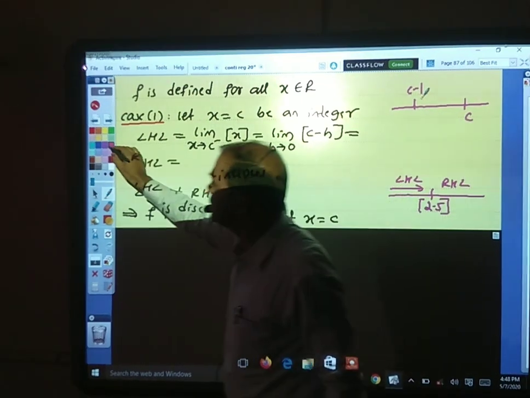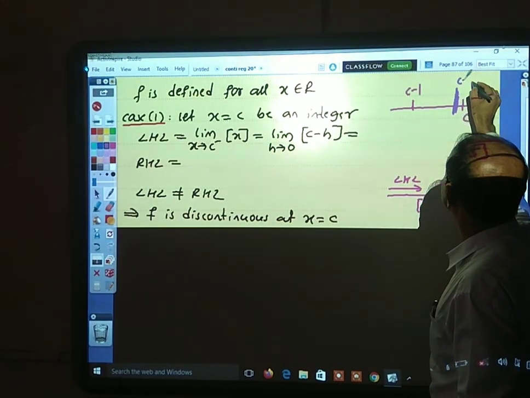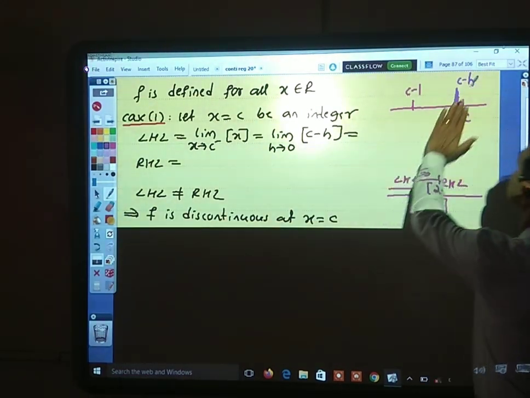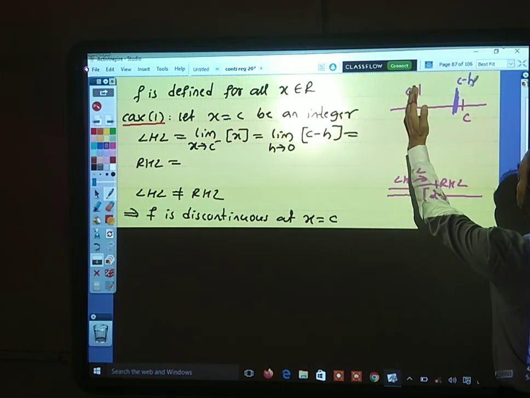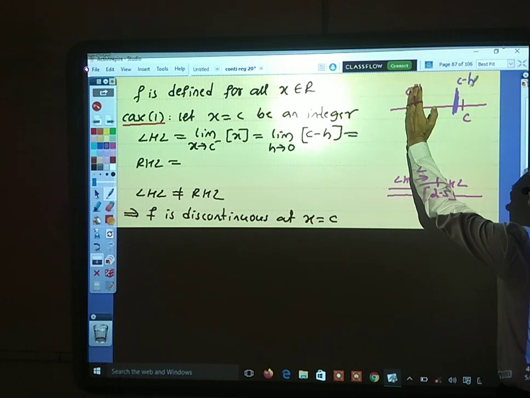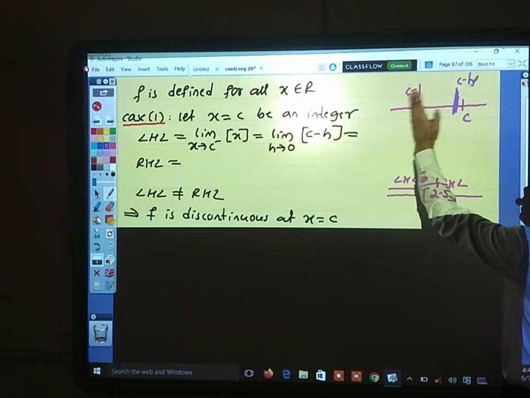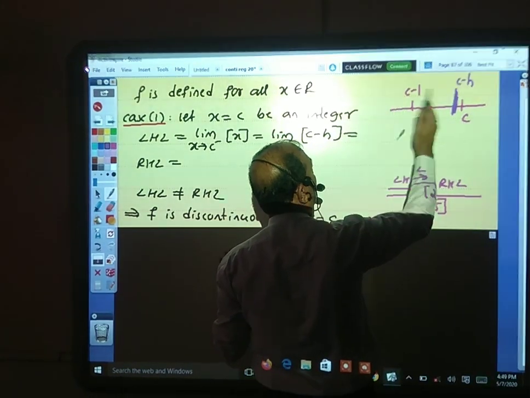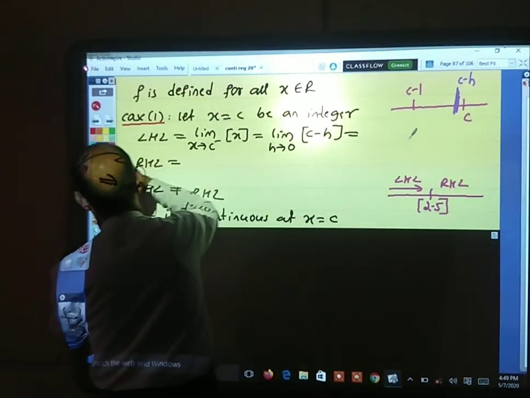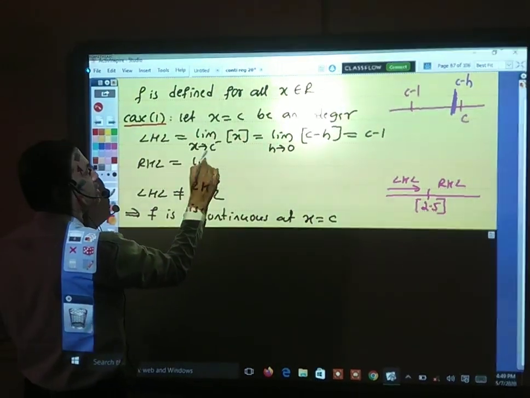C minus h is somewhere here. And what is the integer which is less than c minus h, to the immediate left side of c? It must be less than c, at its immediate left side. Which? c minus 1.